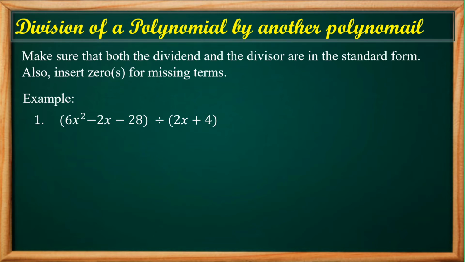The easiest way is to use the division house. We divide our first term by the first term of our divisor.